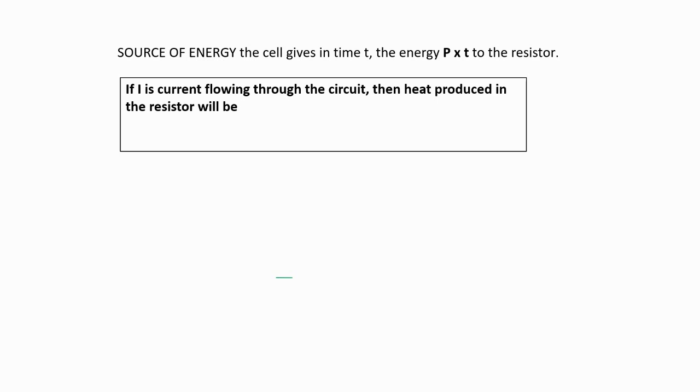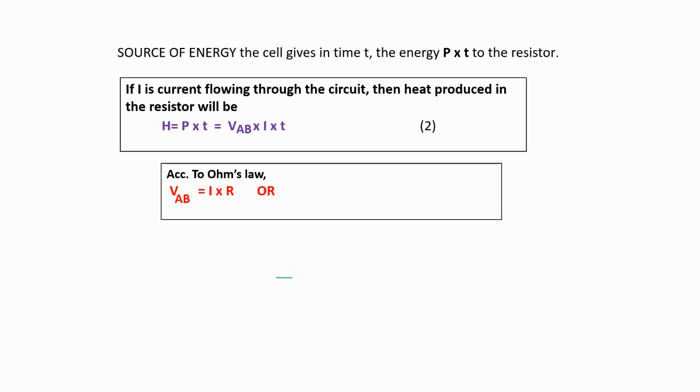That energy is converted into heat energy across the resistor. So heat is given as P into T. So I will substitute in place of P, and that is VAB into I into T.